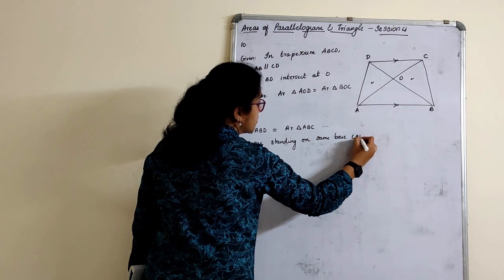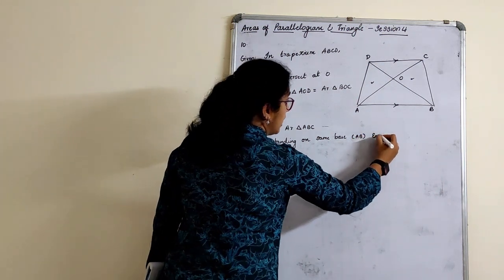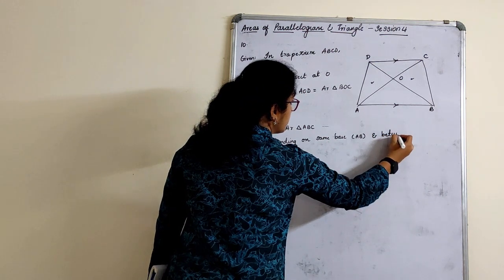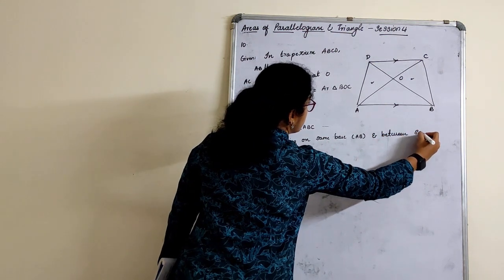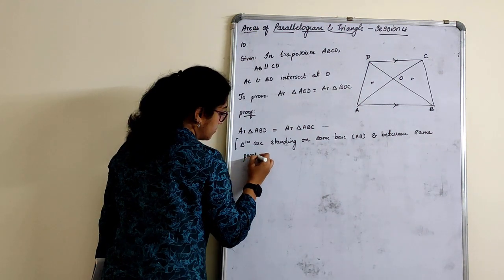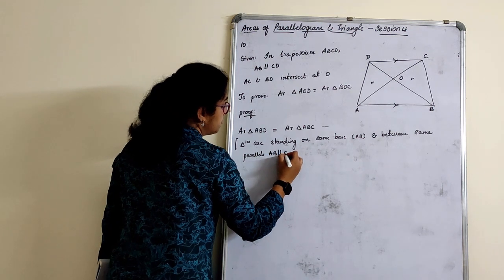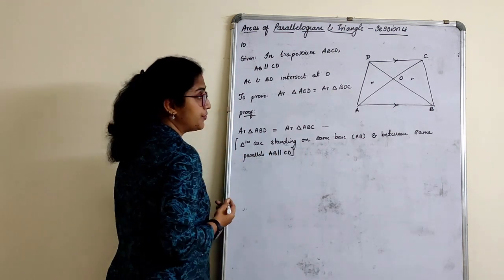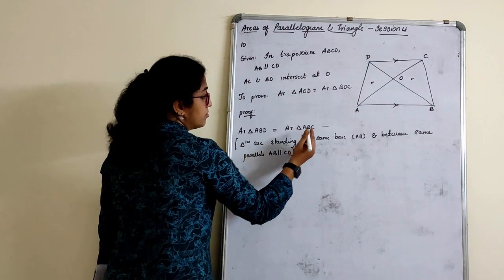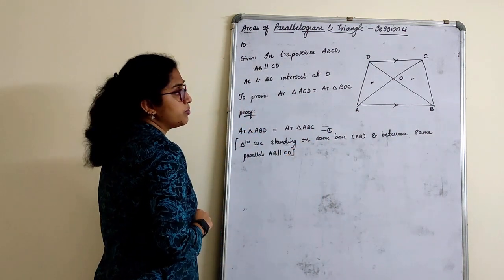What is the base? AB. Base always I have told you has to be mentioned. And between same parallels, AB parallel to CD, right? So equation 1 I will write it. These two areas are equal.